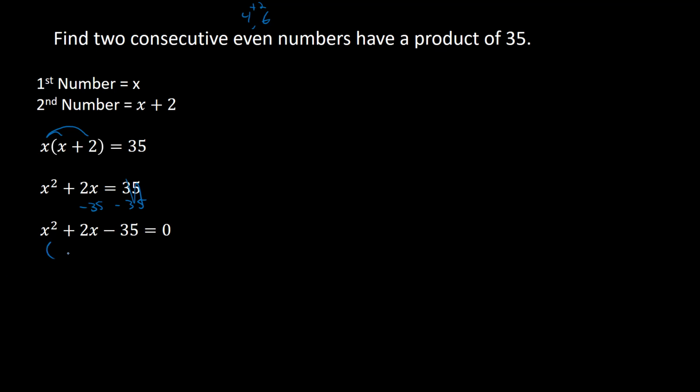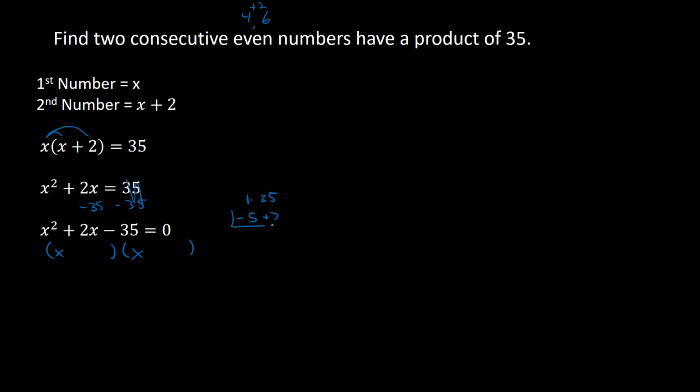Now we can factor this, and we know that to get x squared, we have x times x. To get 35, it's going to be either 1 times 35 or 5 times 7. So I know 5 times 7, if 1 is positive and 1 is negative, then I'm going to get a negative 35 when I multiply.